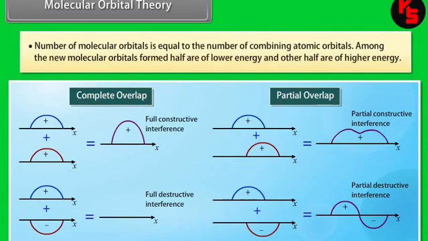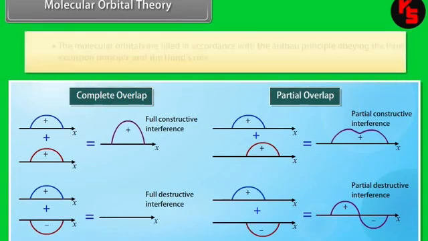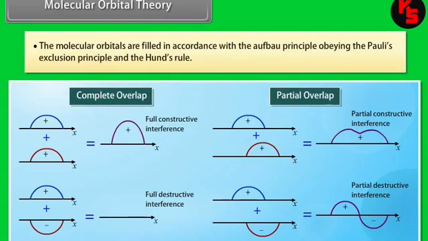The number of molecular orbitals is equal to the number of combining atomic orbitals. Among the new molecular orbitals formed, half are of lower energy and the other half are of higher energy. The molecular orbitals are filled in accordance with the Aufbau principle, obeying Pauli's exclusion principle and Hund's rule.